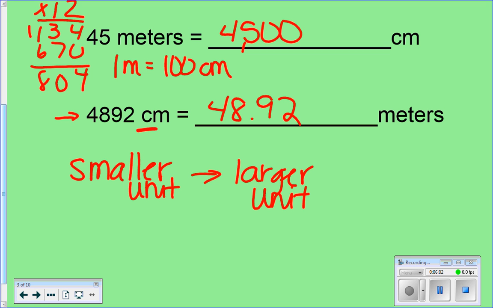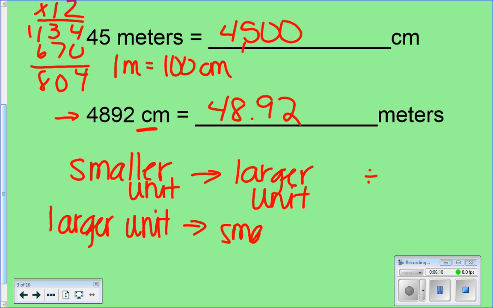Divide, okay? This is only for one-step stuff. We're going to get to two-step, and it doesn't work for those, but for one step, these are some good rules. If I'm going from a larger unit to a smaller unit, what do you think I'm going to do this time?